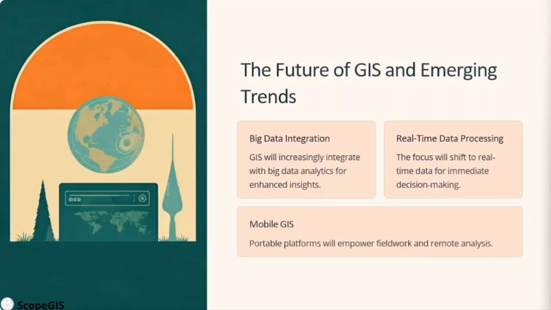And then we realize that big data integration is revolutionizing the future of GIS by enhancing data analysis and enabling real-time processing and improving decision making through comprehensive and accurate analysis. Right.